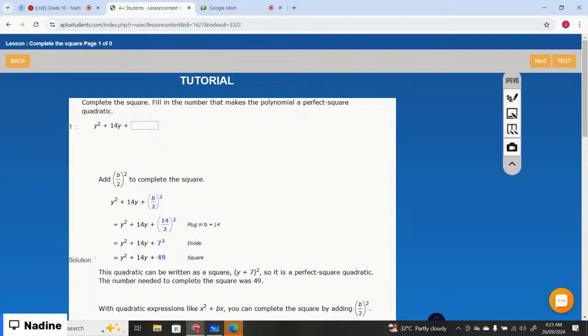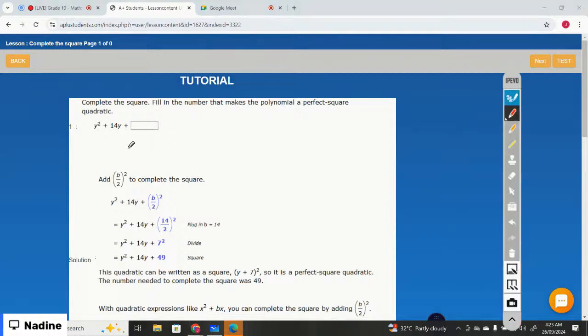Complete the square. y square plus 14y plus the missing value, right? You need to complete the square. So let's see how we do it. Whenever we are completing the square this way, you need to add b over 2 whole square, and this b is 14.